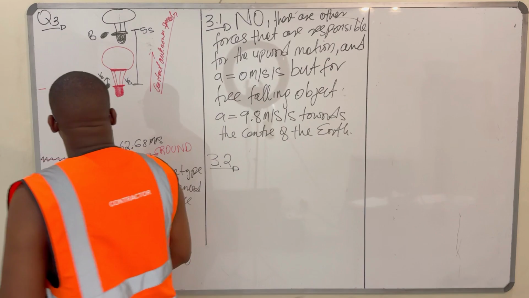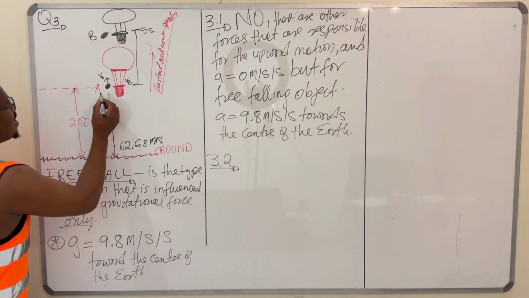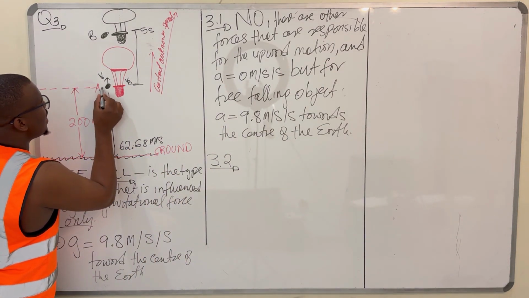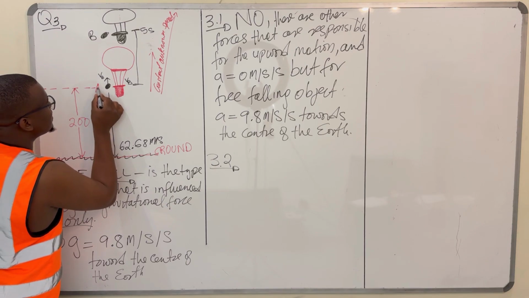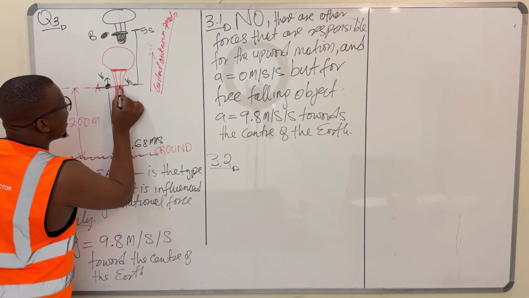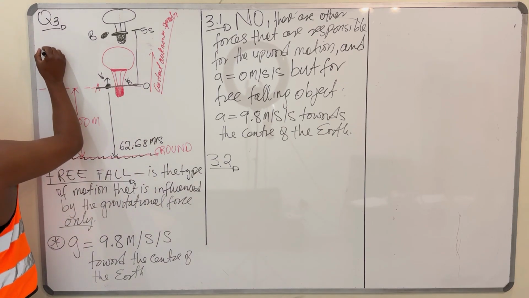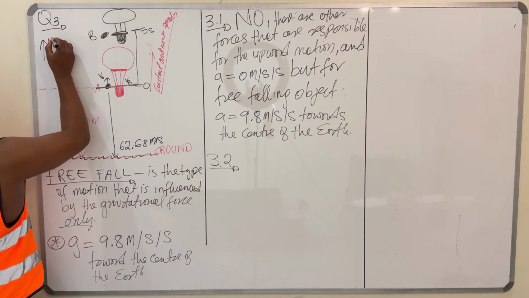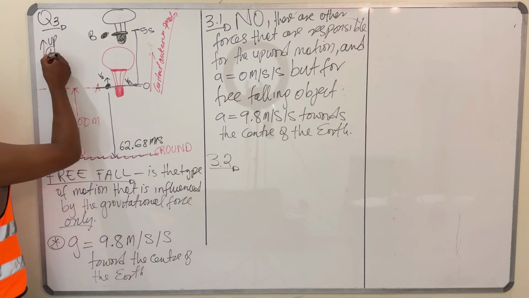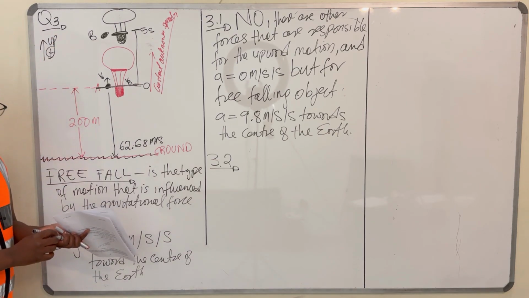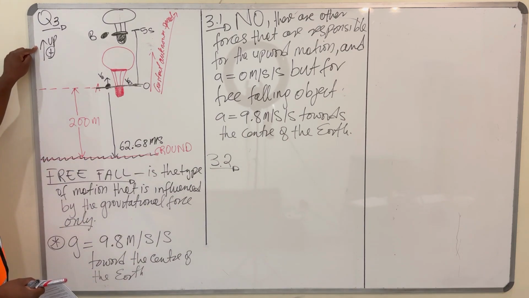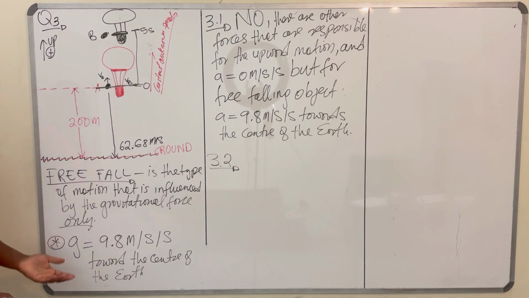So when I deal with these things, where my motion starts, I treat this area as a 0 reference. So I will take up to be positive. All upwards vectors, I take them as positive. All vectors downwards, I take them as negative. No problem.